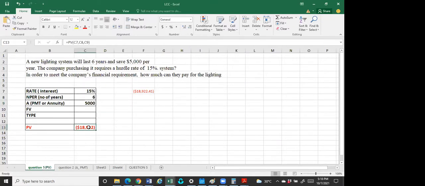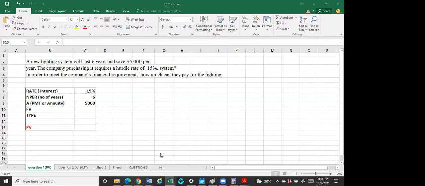Please, everything in red, just remove them. Clean everything in red. Have you done that? You can see my screen. Yes, done. LCC, life cycle costing.